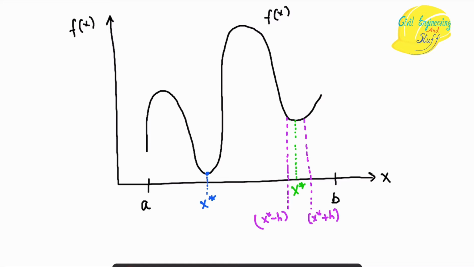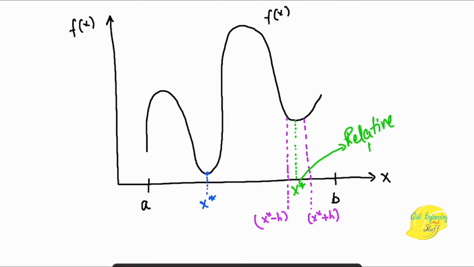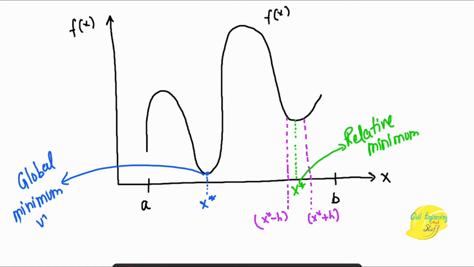So this is your relative minimum value, while this is your global minimum value. Your global minimum is minimum for the whole function, while your relative minimum is minimum only for a very small interval.